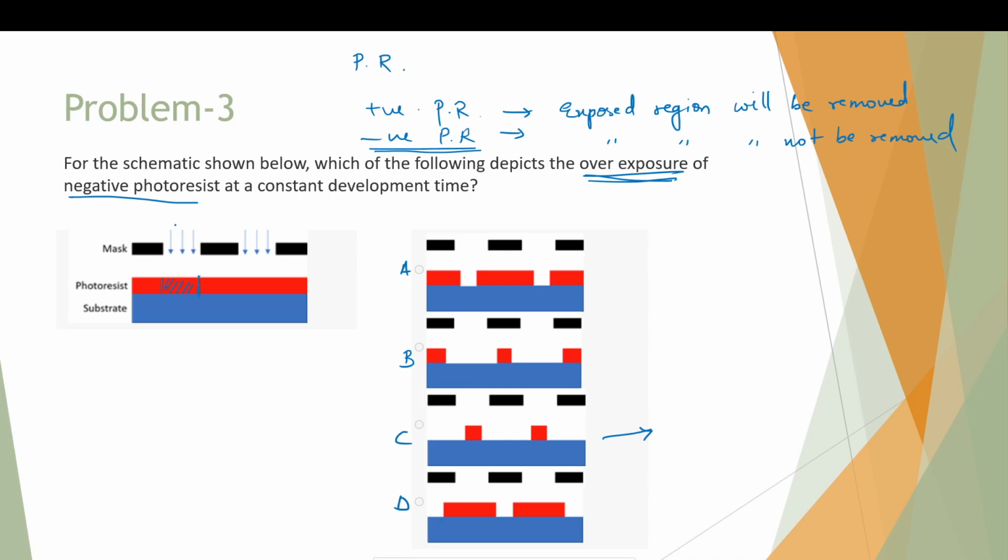If I expose for a longer time or with a higher dose, do you think it will become more hard or dissolve easily? It should become more hard, right? Overexposure means I am exposing for a longer duration, so it should have become more hard. Why did these parts disappear if it was overexposure? That's why the correct answer is D actually.